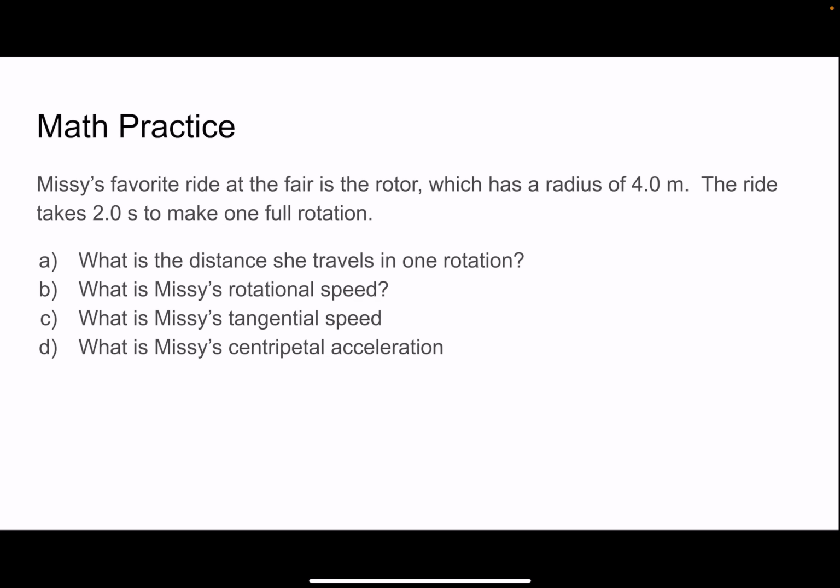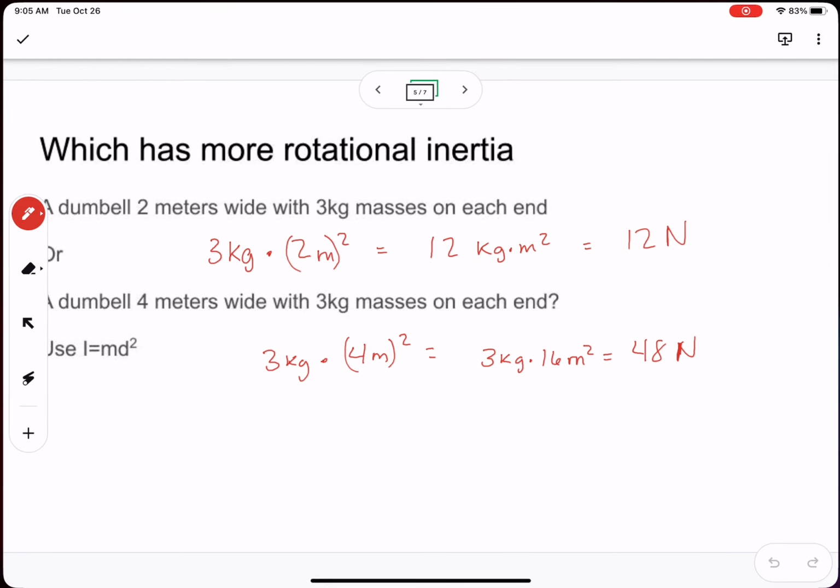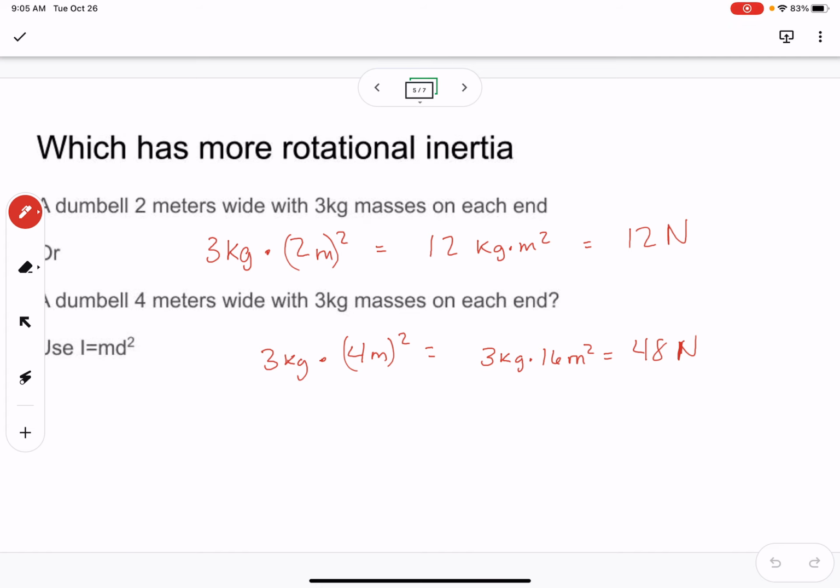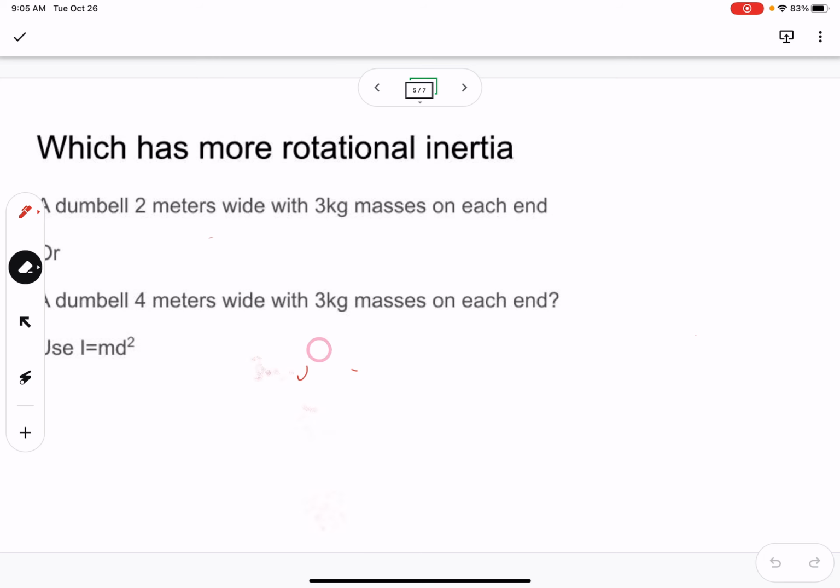Okay, I do have some math practice here, so let's go back to the Jamboard. The question was, which has more rotational inertia, a dumbbell 2 meters wide with 3 kilogram masses on each end, or one that's 4 meters wide with 3 kilogram masses on each end?